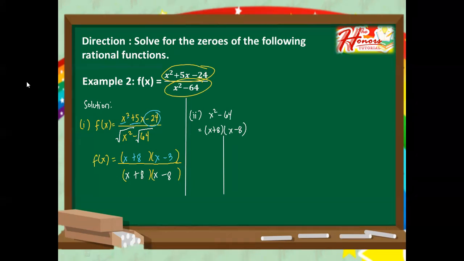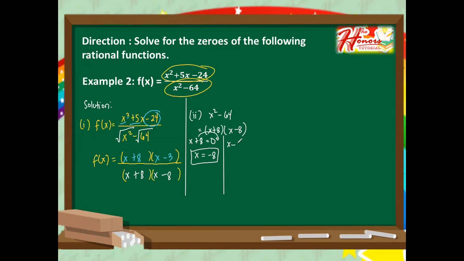So let's have x plus 8 first. Let's equate this to 0. So x plus 8 equals 0. x equals, transpose positive 8 to the right side, so it will become negative 8. So this is our first restriction. Then let's find the other value of the restriction.